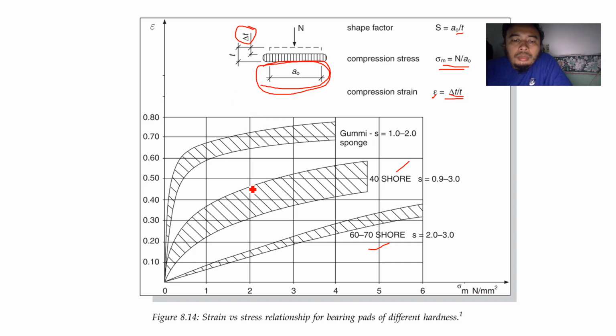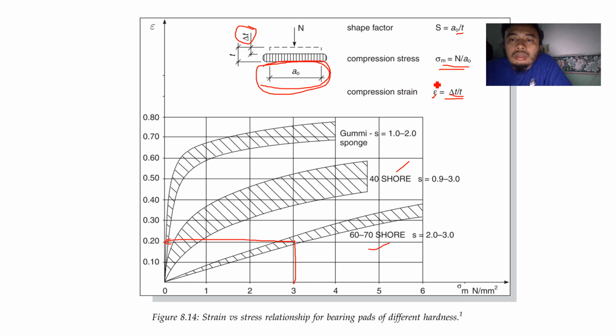So what basically this graph tells you is, you can take for example, a compressive stress based on your normal force and your original area. So you get your compressive stress here. Let's say it is 3, so your strain would be 0.2.